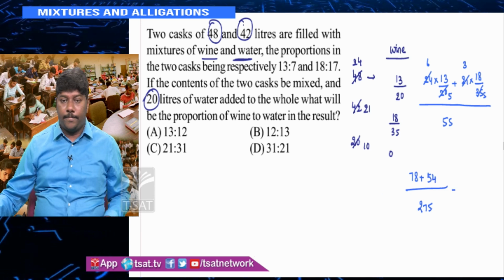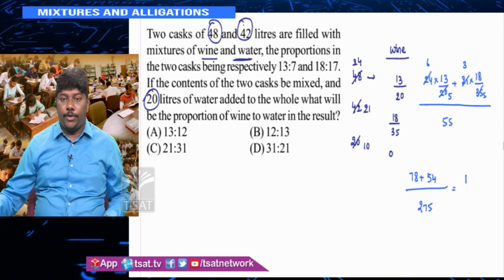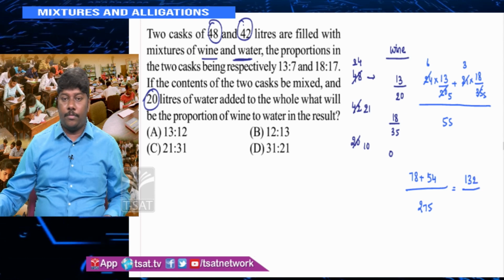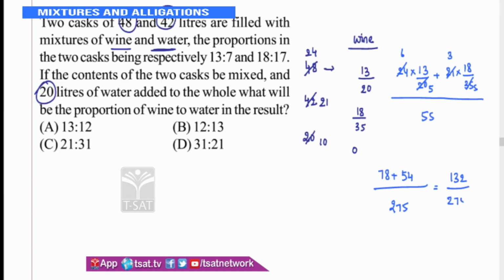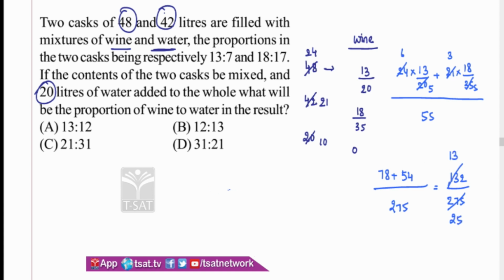Together, we are going to get 132. Cancel it in the 11 table. I would say 11 25s, 11 12s. So how much wine is there? Wine is 12 parts, therefore water is 13 parts.